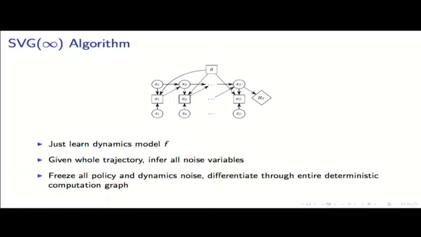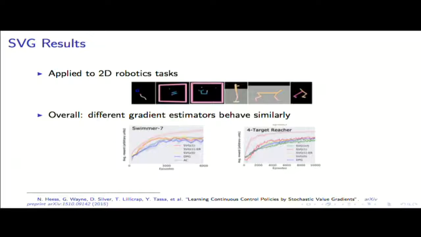Just do back propagation from the reward back to our parameters. So that's another approach, and this is called the SVG infinity algorithm. They applied this to some 2D robotics tasks, and what they found is that they did get a pretty decent improvement with one of their variants of the algorithm, where they also add in experience replay. Though without experience replay, all of the methods were pretty similar.